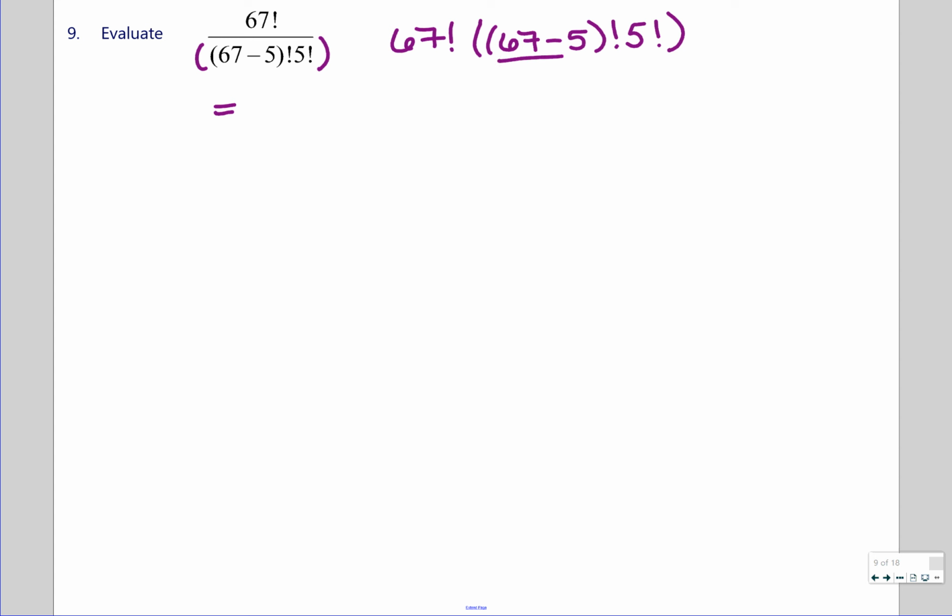You could even change that 67 minus 5 to 62 factorial if you don't want to mess with that. And you should get 9, 6, 5, 7, 6, 4, 8.